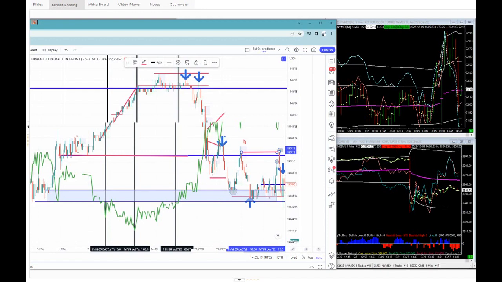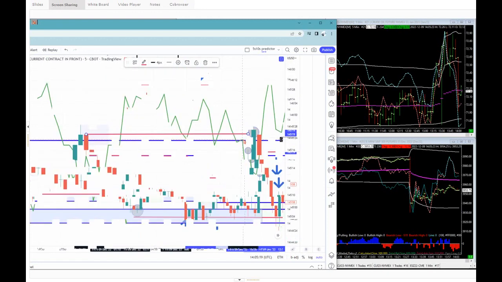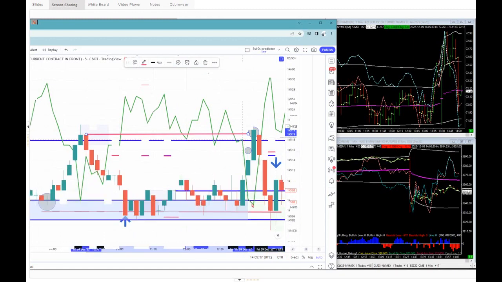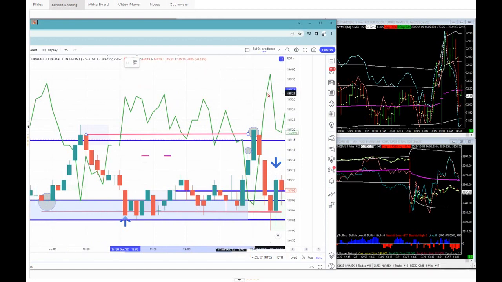Well, if you look at what happened just before the numbers, we had obviously seen this very, very strong drive, which completely took out the prior highs here. So by rights, we've already put that into our knowledge bank, haven't we?